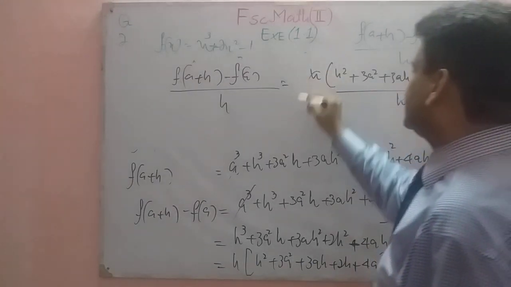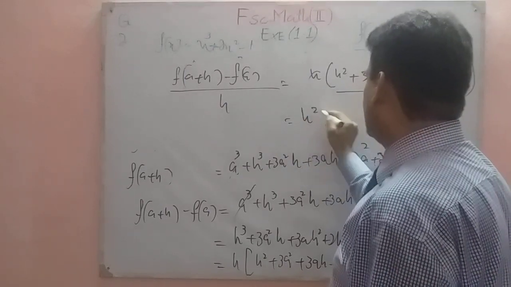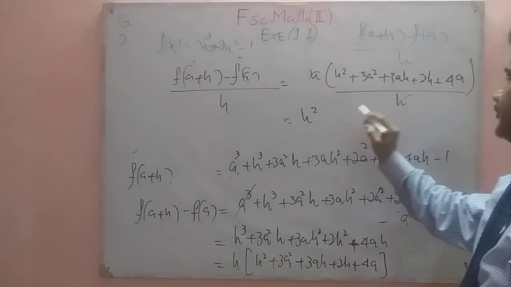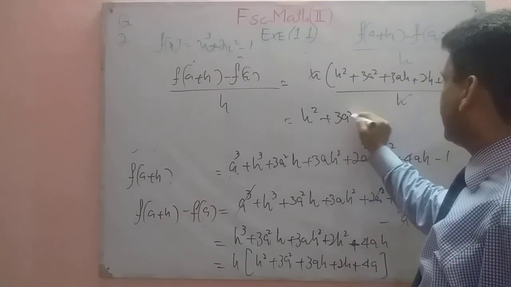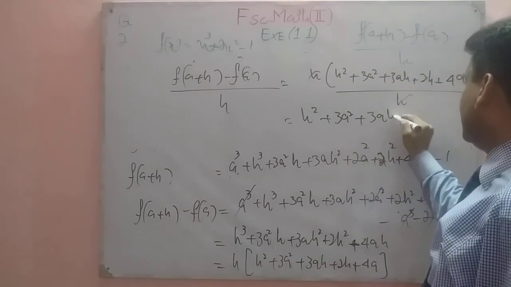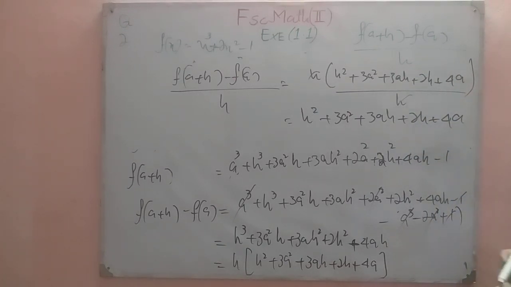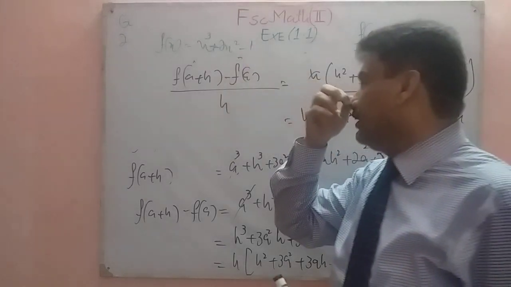Cancel both h. The value of f of a plus h minus f of a over h will be equal to h square plus 3a square plus 3ah plus 2h plus 4a.